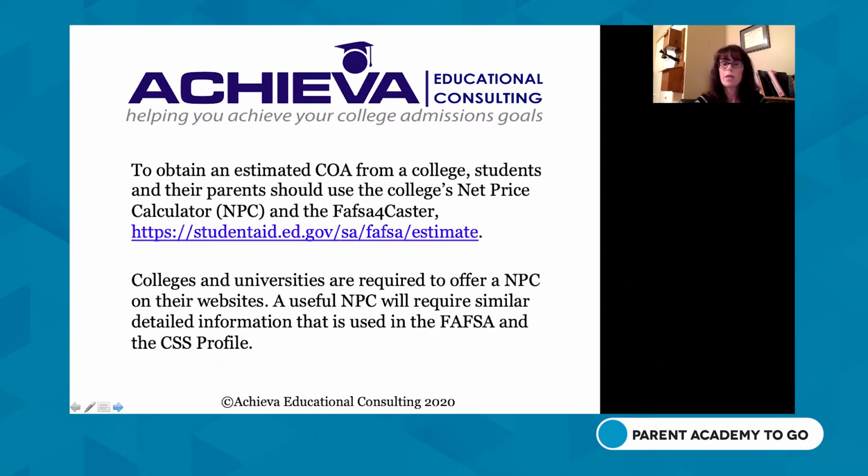Useful net price calculators will require similar detailed information that is used in the FAFSA and the CSS Profile. In general, they should have more than 5 questions, and that is the way to determine it. So while you're looking at schools, you'll also be able to determine if it's a financial possibility for you.